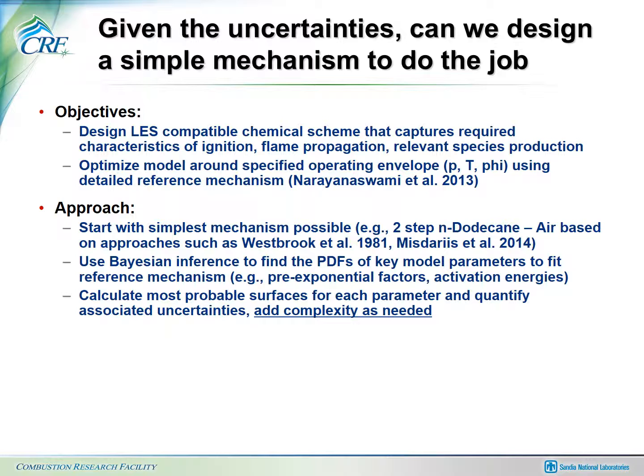And this slide highlights what the approach is. So it's start with the simplest mechanism possible, use Bayesian inference to find the PDFs of key model parameters, etc., and then calculate the most probable surfaces using these techniques and add complexity as needed.